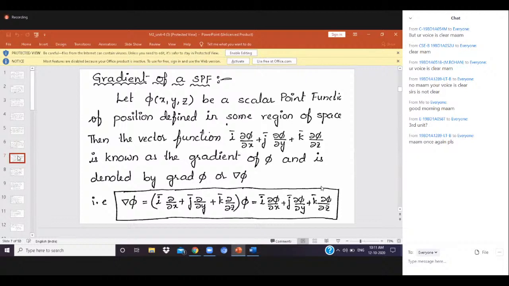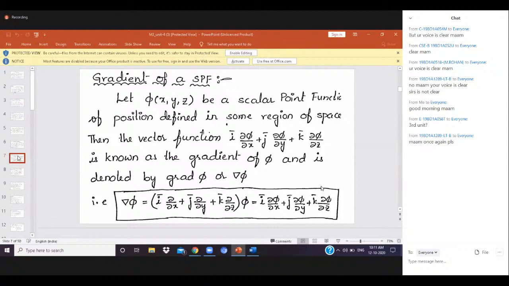In a three-dimensional space, P of x comma y comma z is any one of the points. For that point, we associate a scalar, which we assume as phi. Then phi of x comma y comma z is called scalar point function.